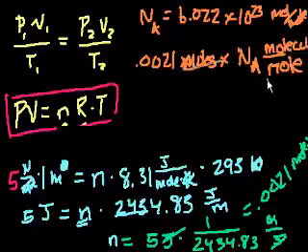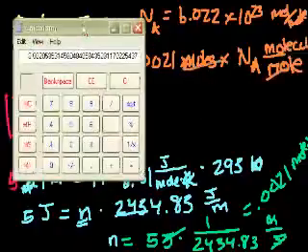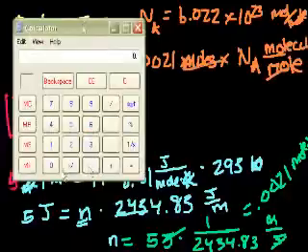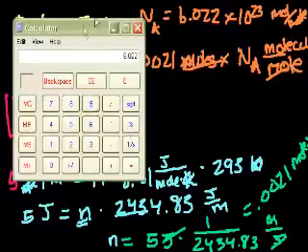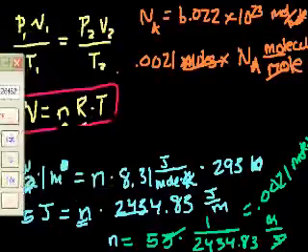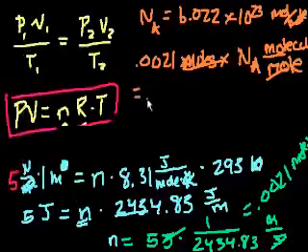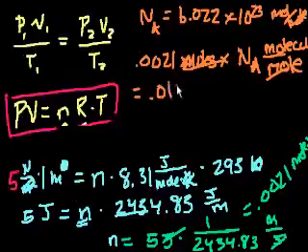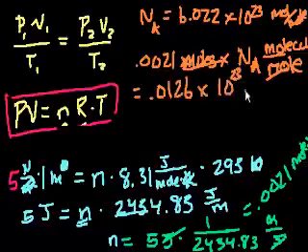So then the moles will cancel out. And Avogadro's number is 6.022 times 10 to the 23. Let's just multiply that times 0.0021. It equals, let's see, 0.0126 times 10 to the 23, right? We have to remember that. Molecules.